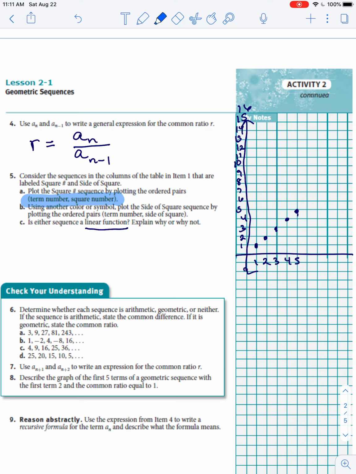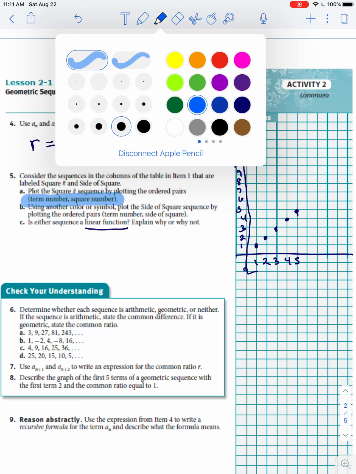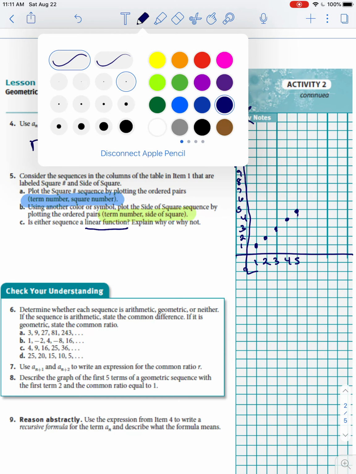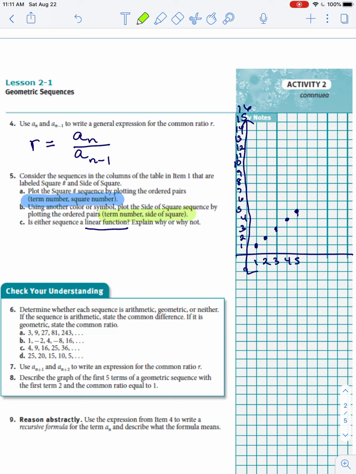Then, if I go back to the highlighter, the next one they want us to look at is to graph the term number with the side of the square. We know that one was different. I'll do that one in green. Term number 1, remember that one was huge. That was 16, so term number 1 is way up there.